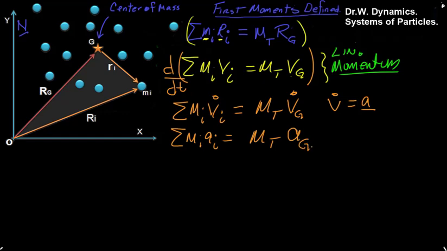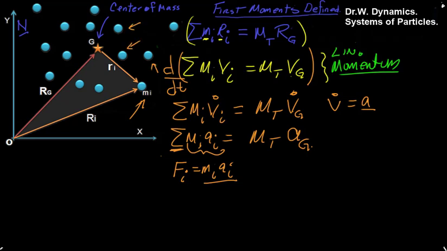And over here, if we look at this, mi ai represents the force on each particle. So really what we're adding up on the left side here is all the individual forces that are pushing on each and every one of these particles as they interact up here.